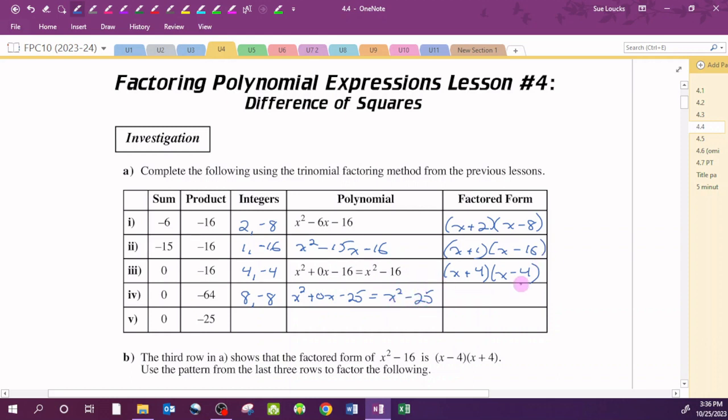So if we have x squared minus 25, we factor that to x plus 5 times x minus 5, just like that. Okay. Sorry, I was on the question below. x squared plus 0x minus 25 equals x squared minus 25. Oh, forgot it. Go back and fix that.